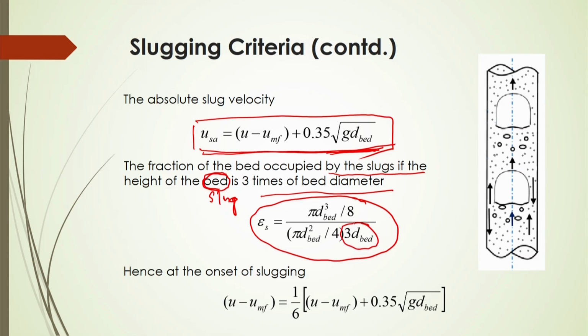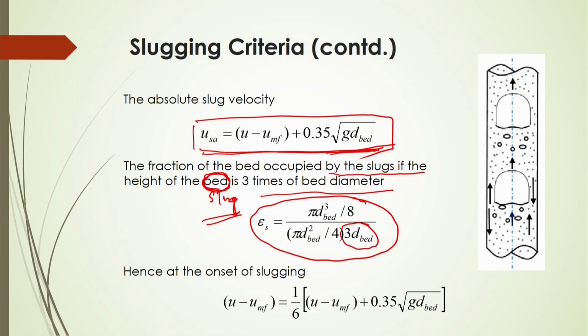Here, this is based on a single small slug volume. But if you are considering the total slugs inside the bed, then you have to consider the height of the bed, because the total portion of the bed occupied will be the summation of all slugs inside the bed.